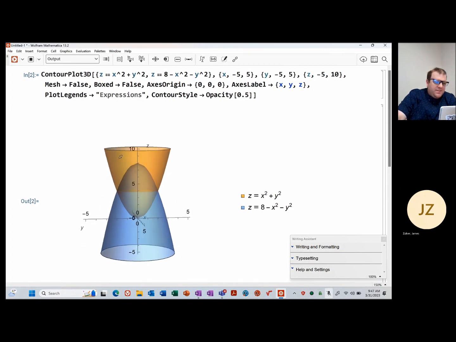So the solid that we're trying to find the volume of is enclosed by the two paraboloids.